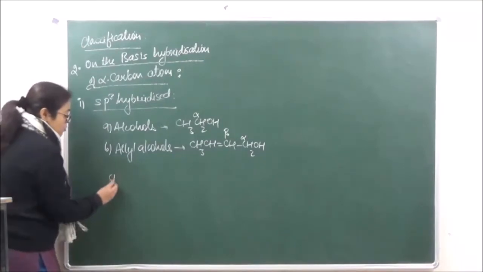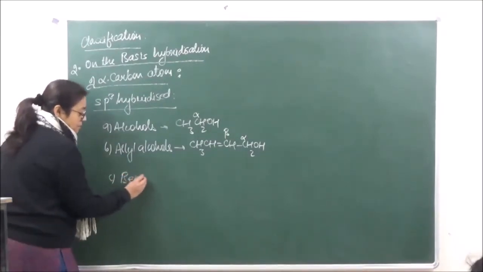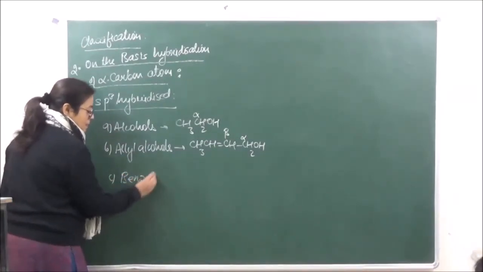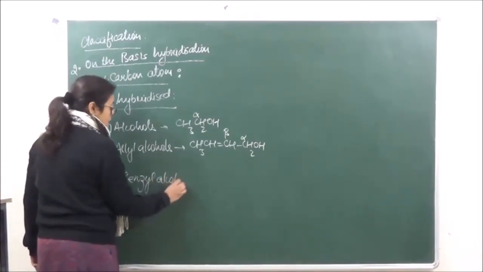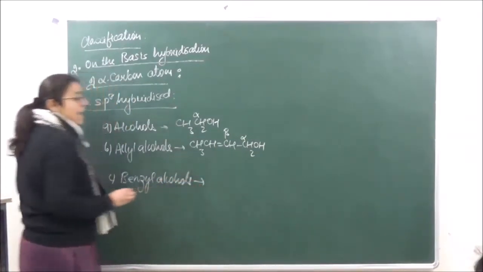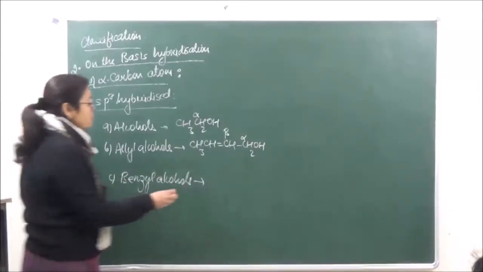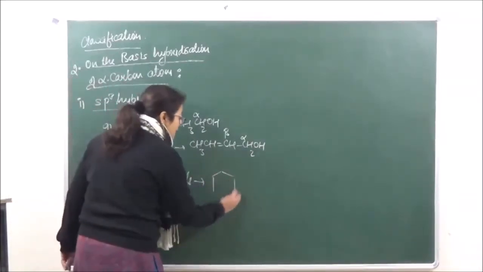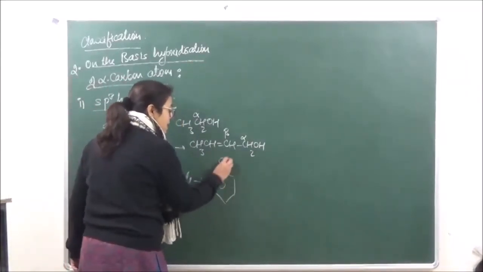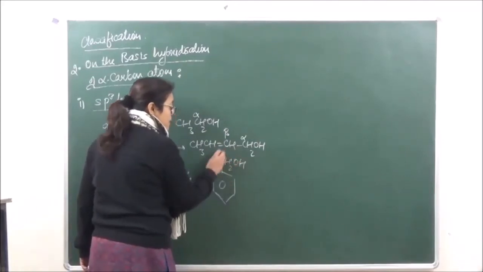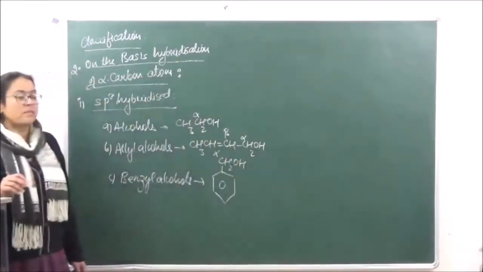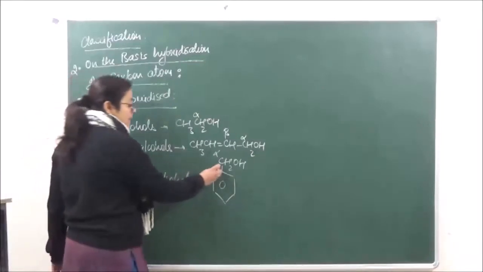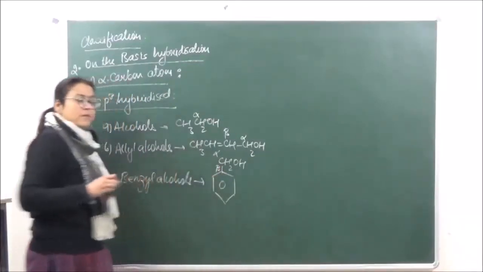Okay, so this is allyl alcohols. The third one which we have in this is benzyl alcohols. Again, in case of benzyl alcohols, the alpha carbon atom is going to be sp3 hybridized. So this is the alpha carbon atom which is sp3 hybridized, and the beta carbon atom over here is going to be sp2 hybridized.